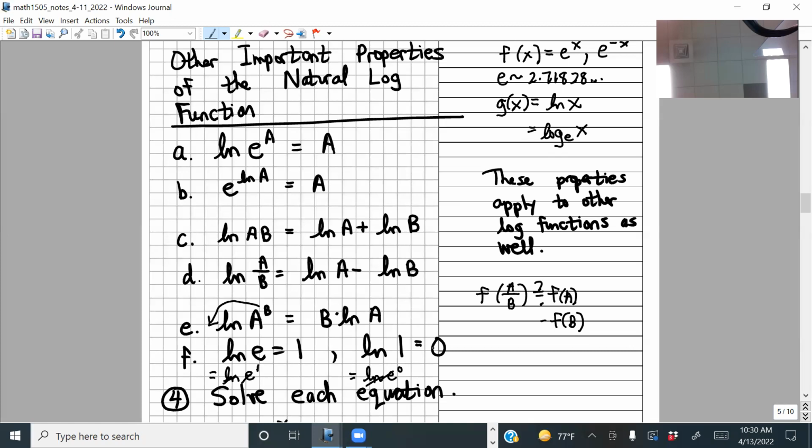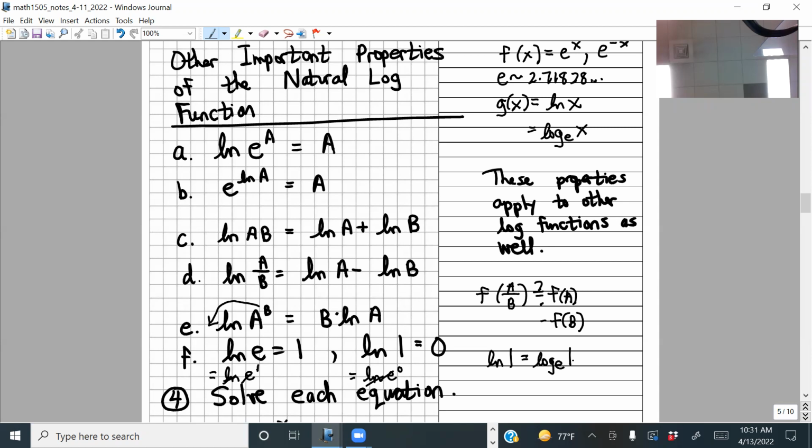Let me show you another way to remember the fact that natural log of 1 is equal to 0. Remember, another way of writing natural log is log base e, correct? Log base e is the same as natural log.